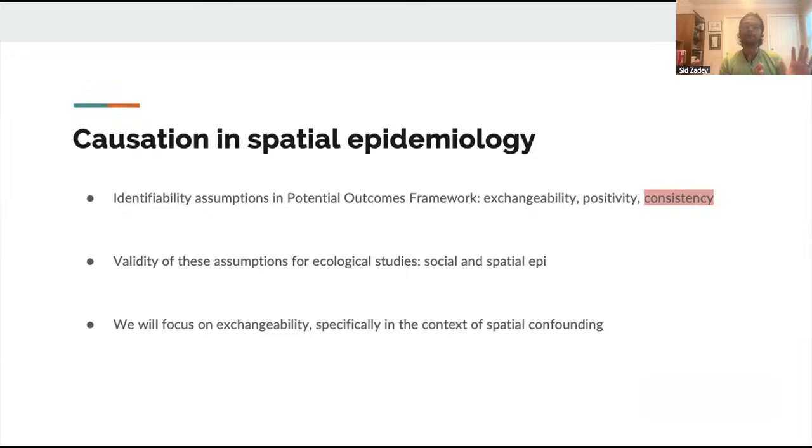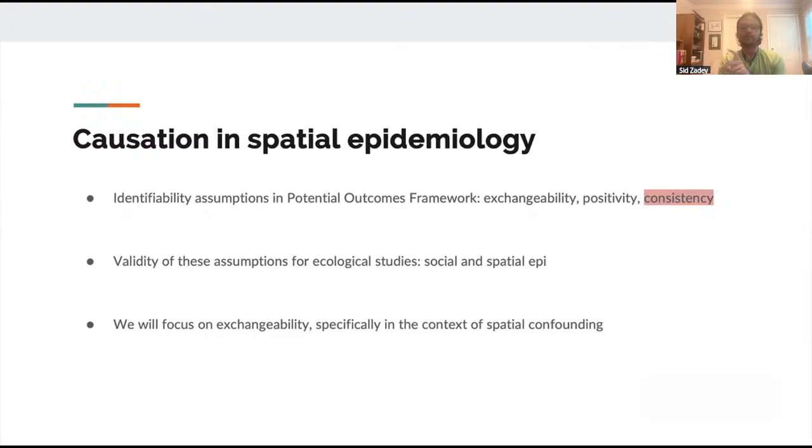And so the potential outcomes framework uses these assumptions, but it also brings the inference to the level of some group. So we are always looking at average effects instead of individual effects. Especially when we talk about spatial data, it's the consistency assumption that gets broken, because we know that places that are closer to each other may have correlated outcomes, versus places that are away from each other, which might be more dissimilar.